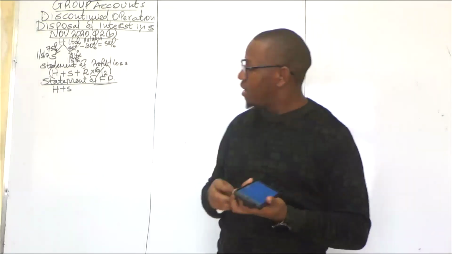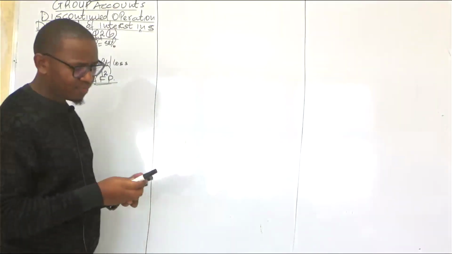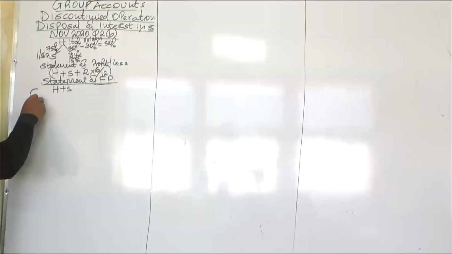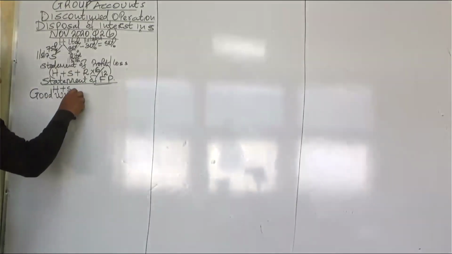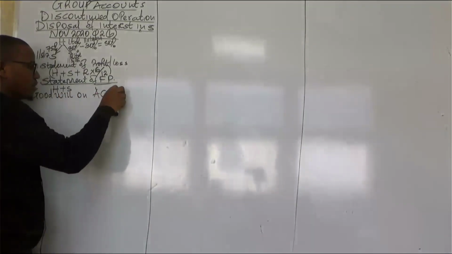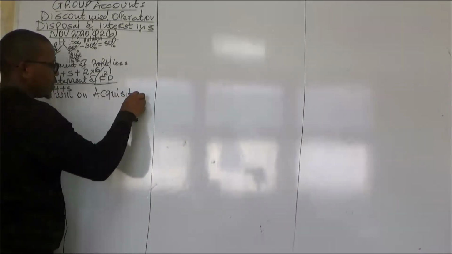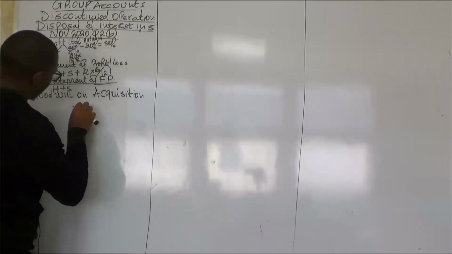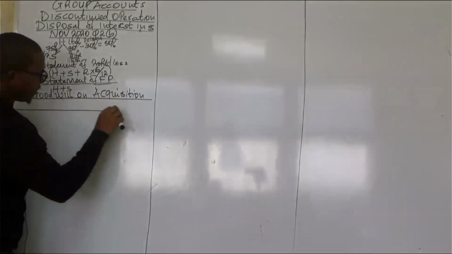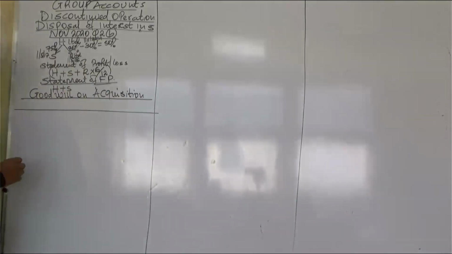Now let's continue. From here, the second thing that we'll do is on what we call the goodwill on acquisition. That is it. So there are two companies that were acquired here.